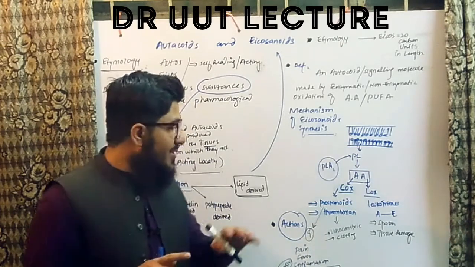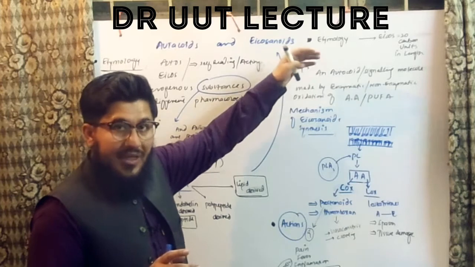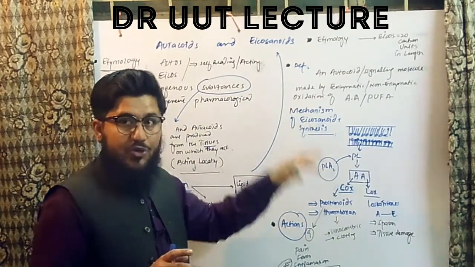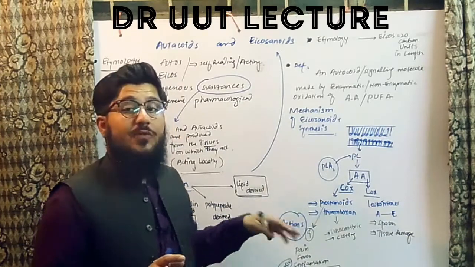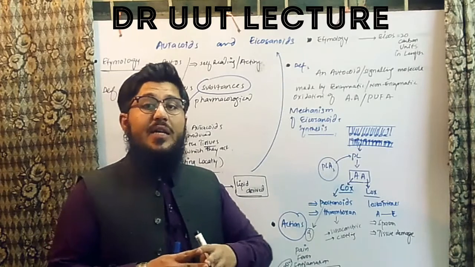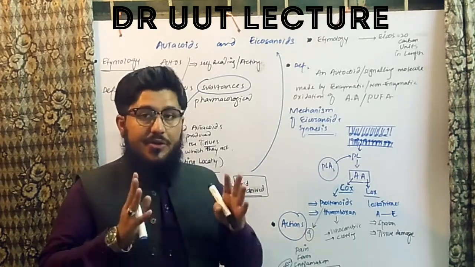Now let's come towards the actions of the eicosanoids produced. We cleared the meaning, definition and production, meaning synthesis, of the eicosanoids. Now let's know their actions. We have about 9 types of prostanoids known as prostaglandins. They have different jobs.